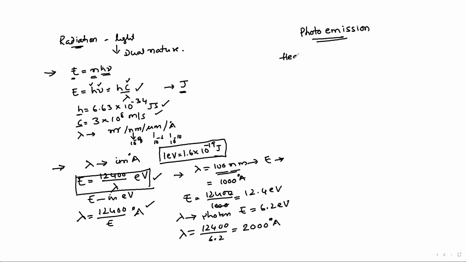If the electrons are emitted by heat, it is called thermal emission. If the electrons are emitted from a metal due to photons, that is due to light, then it is called photo emission.